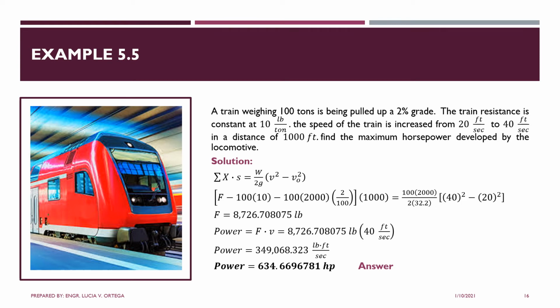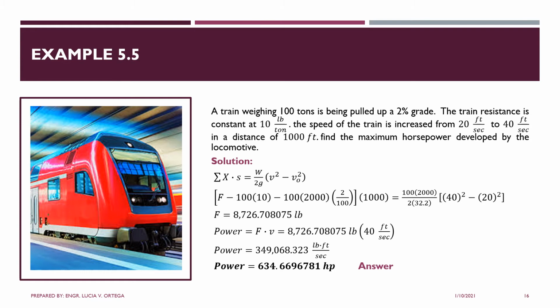So, applying the work-energy equation. Let F be the force exerted by the locomotive, minus the resistance: 10 pounds per ton times the weight of the train, 100 tons, minus 100 tons, which we convert to pounds by multiplying by 2,000, times the slope 2 over 100.